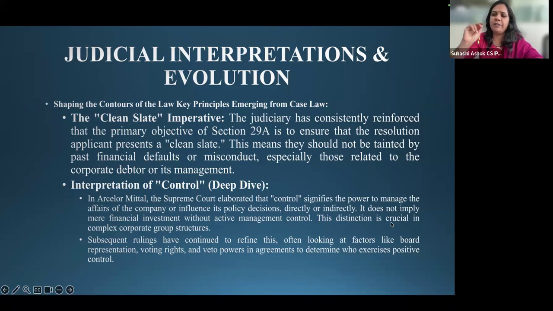In liquidation, I will just come to the process. One is Section 230, sir. Section 230 is compromise or arrangement. Within 90 days, either the creditors or the shareholders of the company can propose a scheme of arrangement.